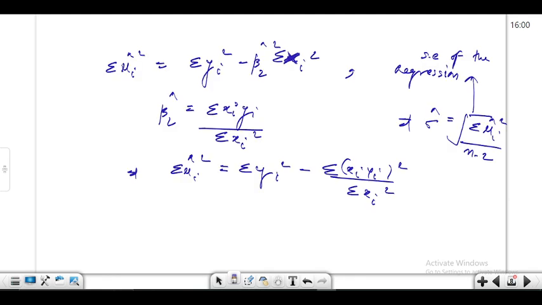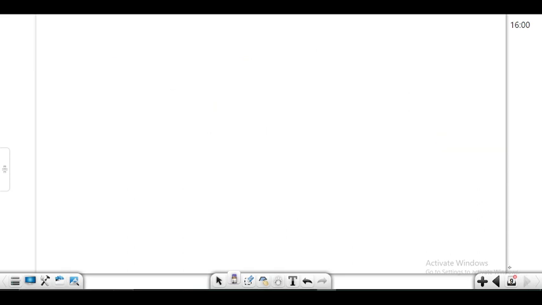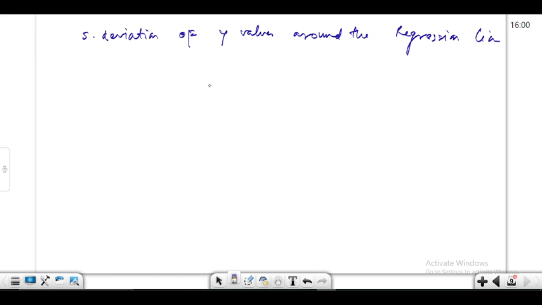This is your regression line and the y values are distributed around this line.